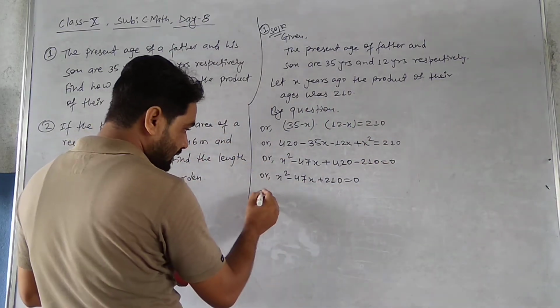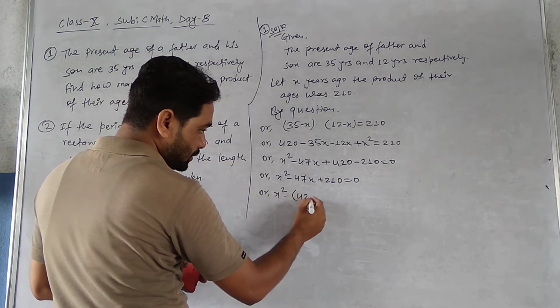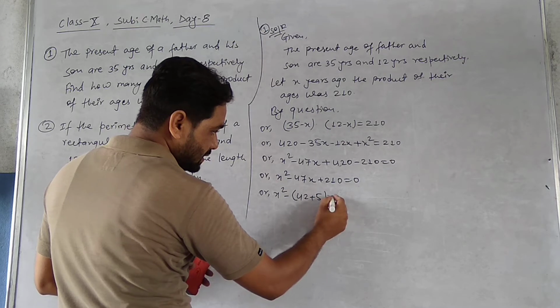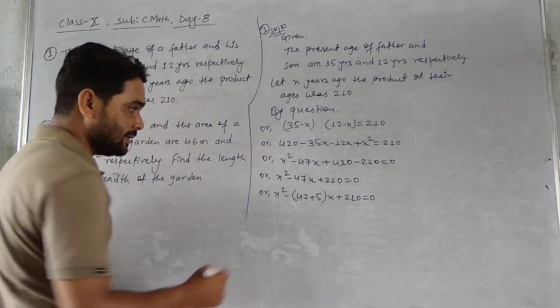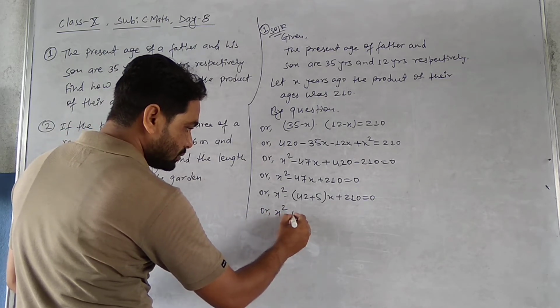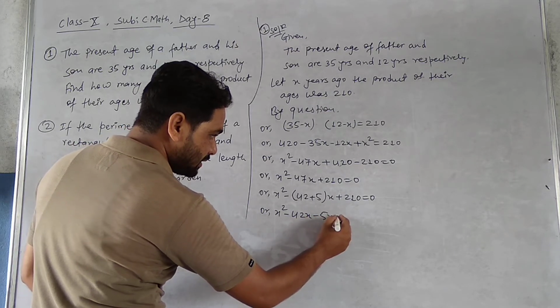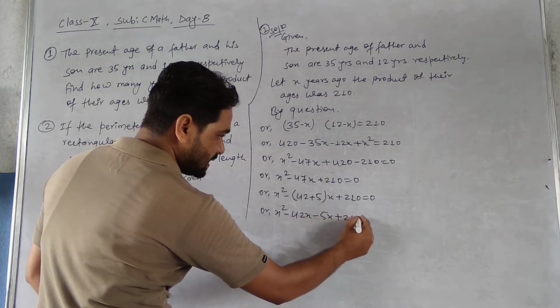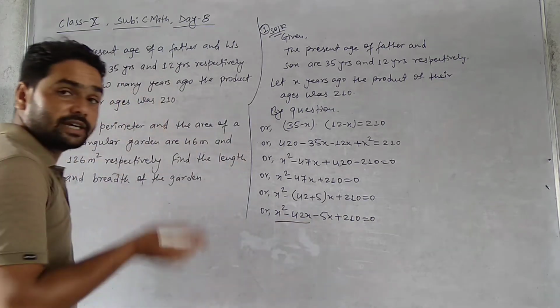So we can write our x square minus 42x plus 5x plus 210 equals to 0. This is now x square minus 42x minus 5x plus 210 equals to 0. Now from these two terms take out common.